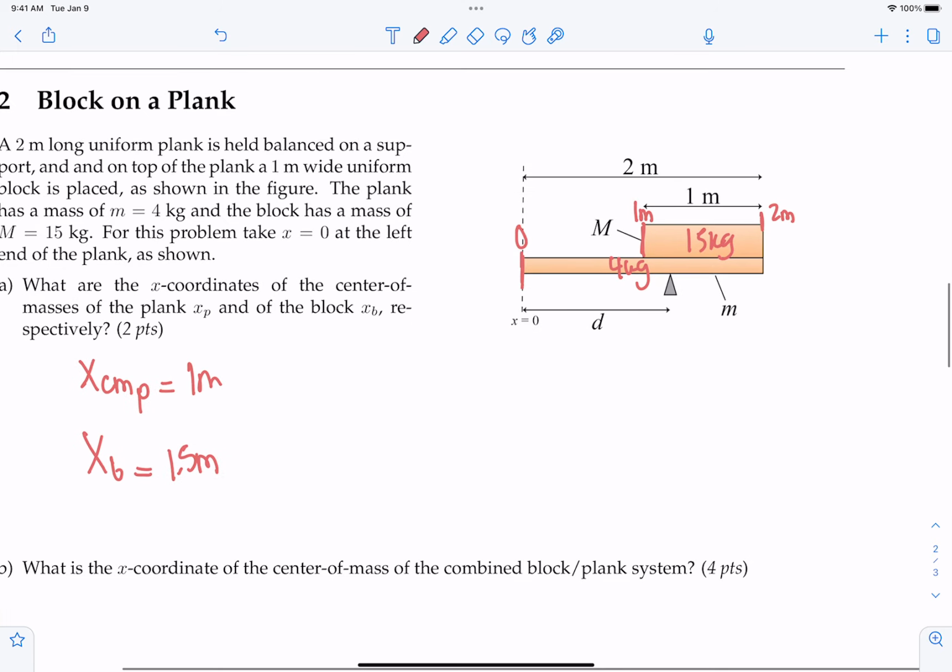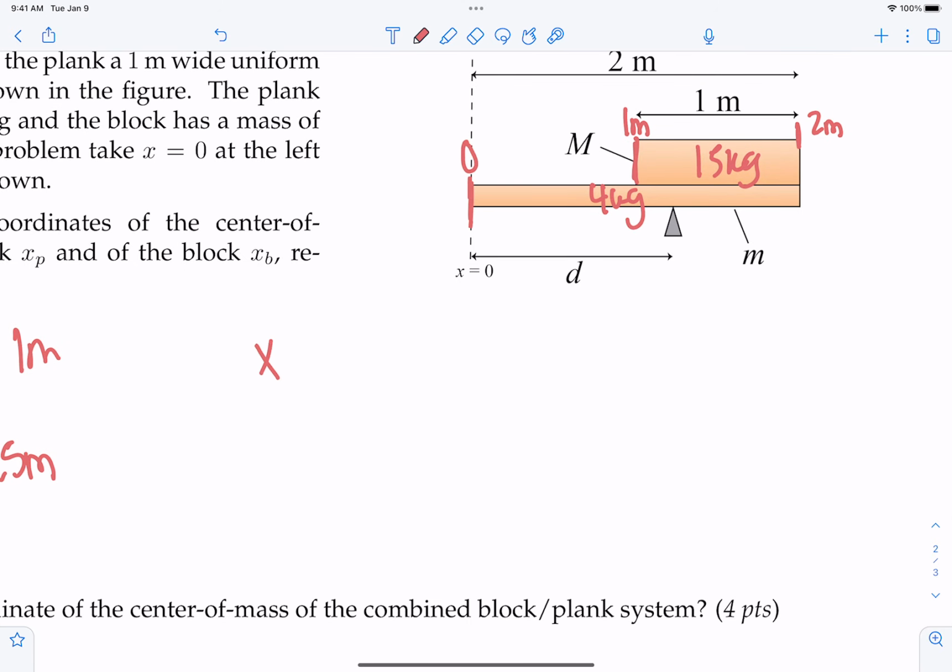Yeah, if you want to plug into the formula, let's see here. So if we do center of mass of the block, right? Well, the formula would factor in both systems, or the overall system. So it would factor in both masses of the plank and the block.